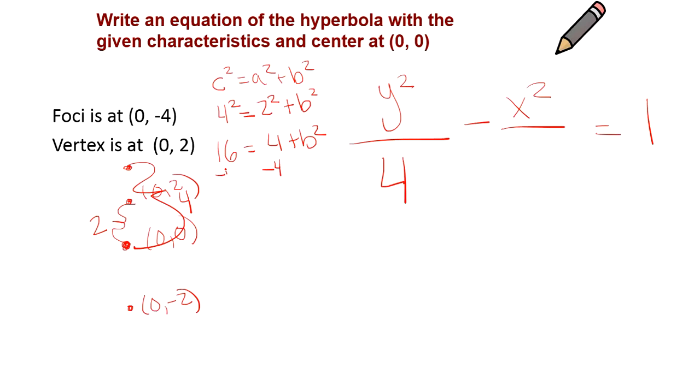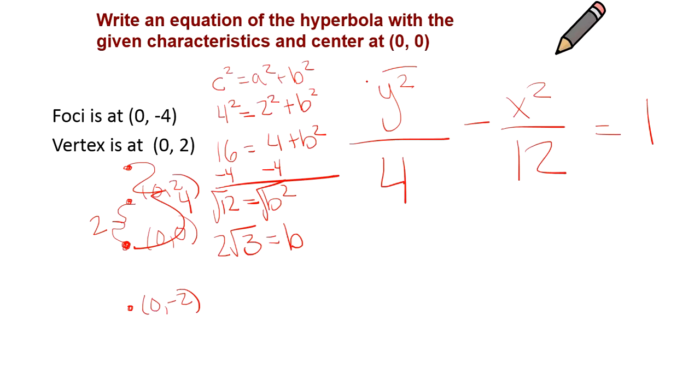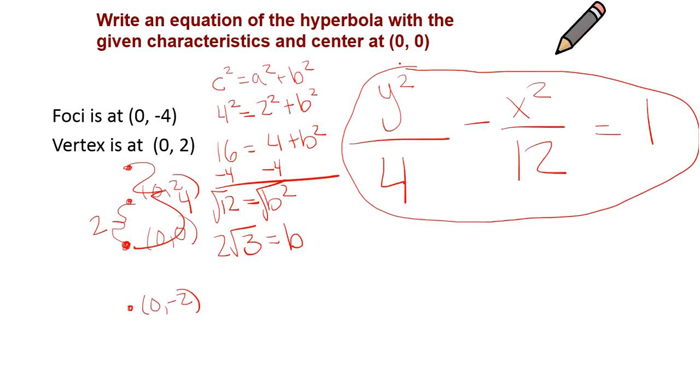If we solve for b here, square root, I get 2 square roots of 3 equals b. So if I square that, I'm going to get 12, right? So my equation for this hyperbola would be y squared divided by 4 minus x squared divided by 12 equals 1.